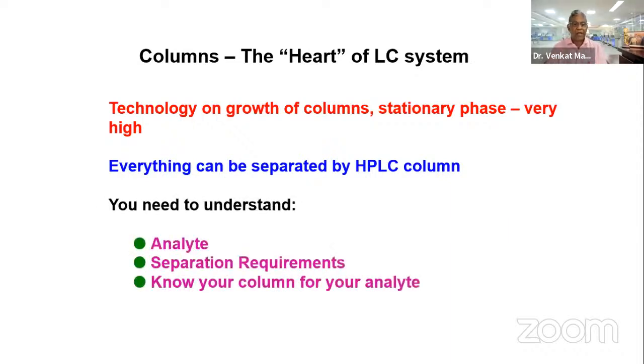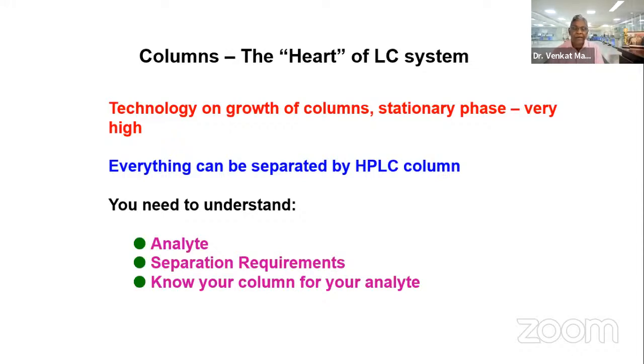Okay. Now, further, what should I do? I should understand my sample very well. Most important thing: you should know your analyte very well. When you know your analyte very well, then you will also understand what kind of separation requirements you are looking for.